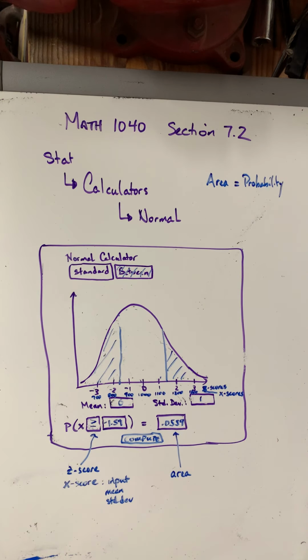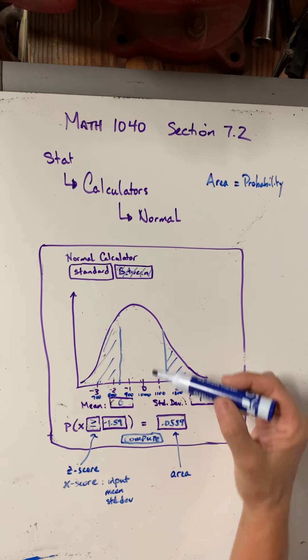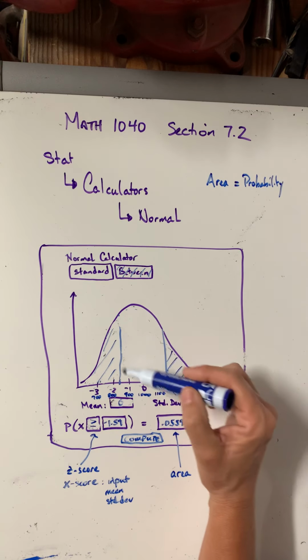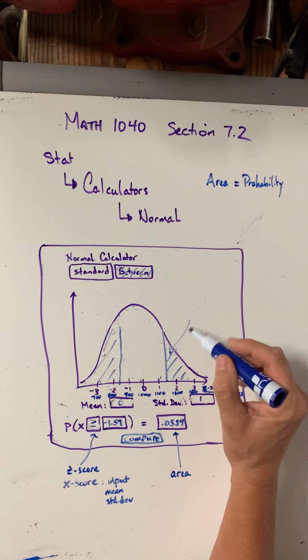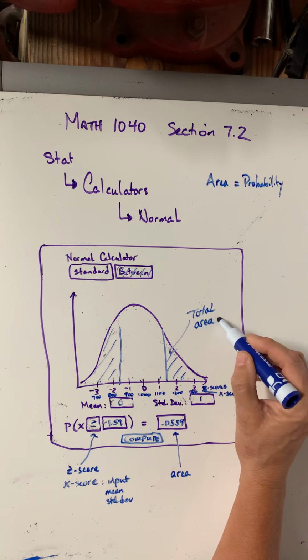So your calculator won't do that for you, but what you could do is keep it on between, get the area that's inside, and subtract that from 1, because the total area under this curve equals 1.